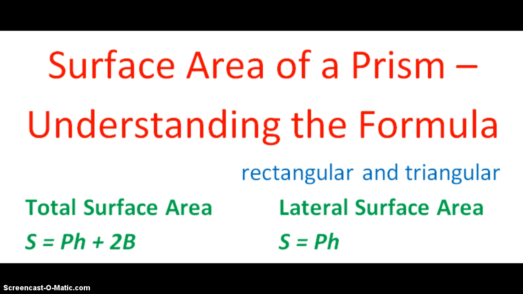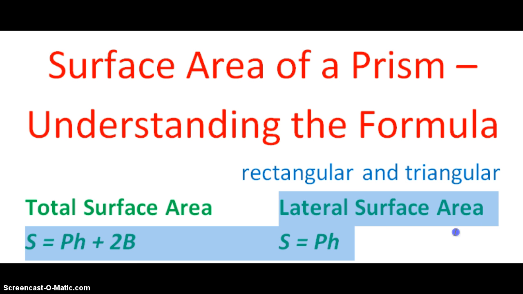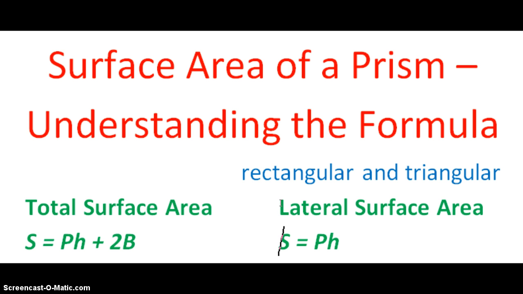So if we go back and look at the formula right here, the formula for lateral surface area is perimeter times height. And in this case, the perimeter is the perimeter of the base, and the h is the height of the prism.